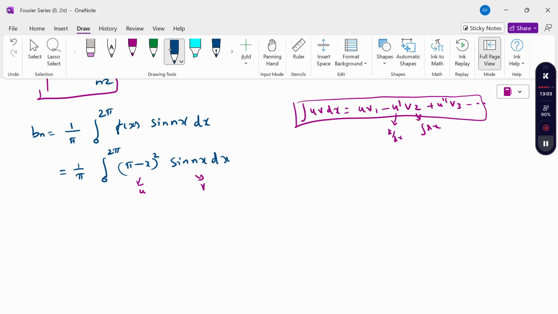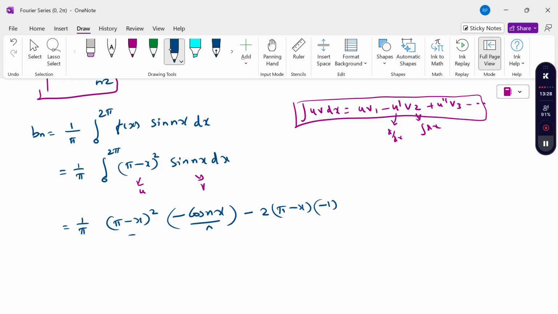Now directly to do that, u v1. So how to do this? 1 by pi, u v1. So u as usual, I am writing this directly. Sin nx integration is minus cos nx by n. Then the formula is minus sin, u dash. So this term differentiation: 2 into pi minus x into minus 1.